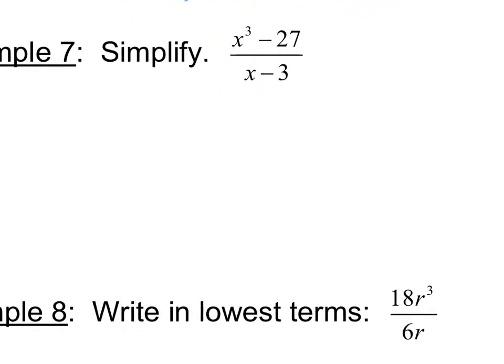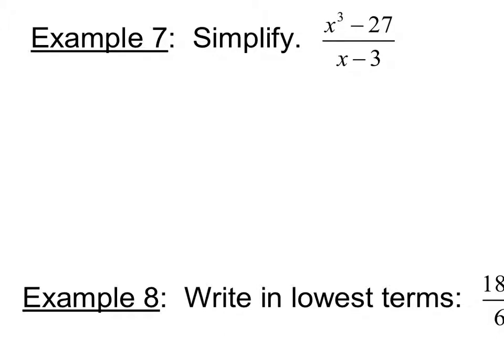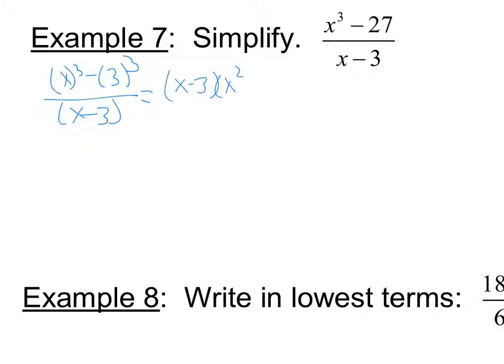Now here it says simplify this. Now remember, I can change that. Whenever you see third, you have to think, what's the cube root of these? Because I get this. And remember, x to the third minus 3 to the third factors into x minus 3 times x squared plus 3x plus 9.